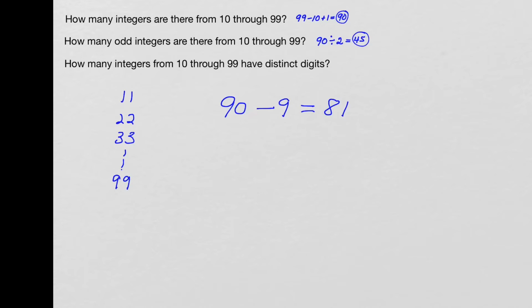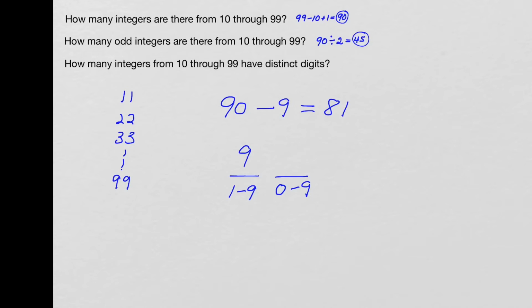Now another way of looking at this is that we've got 2-digit numbers, and the first digit can be anything from 1 through 9. It can't be 0, because we're starting at 10. So there's 9 possibilities here. And the next digit could be 0 or 1 or 2, all the way up through 9.